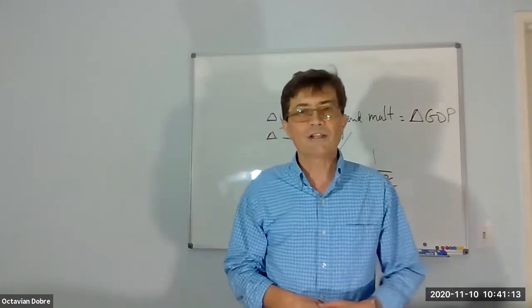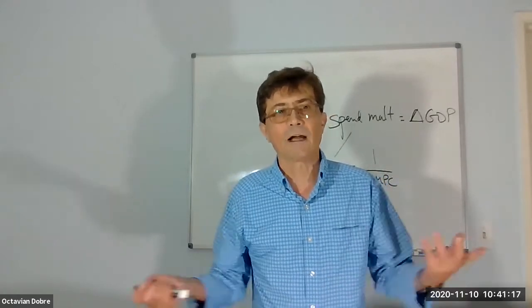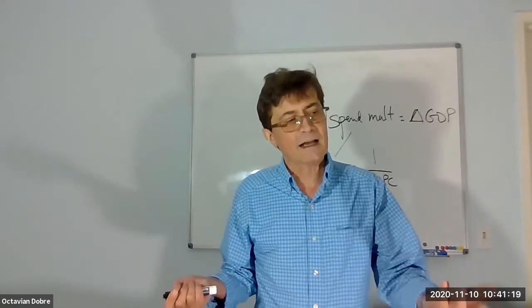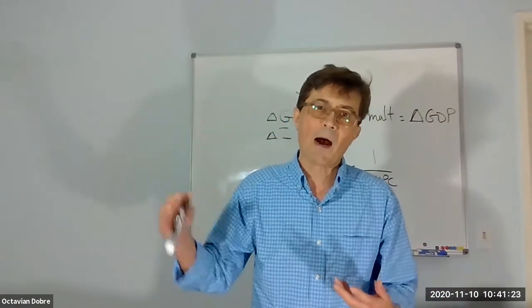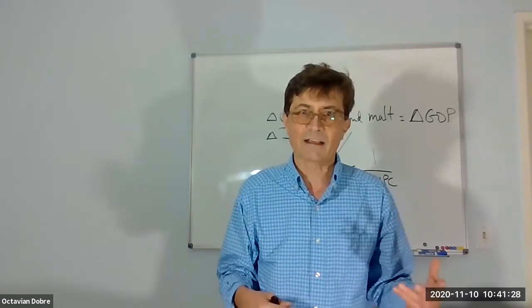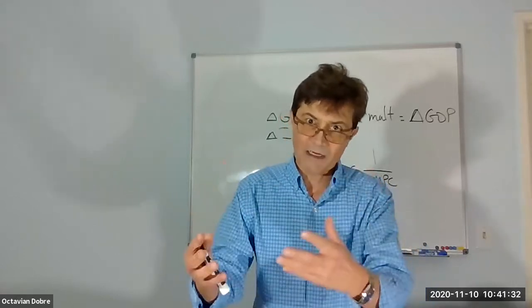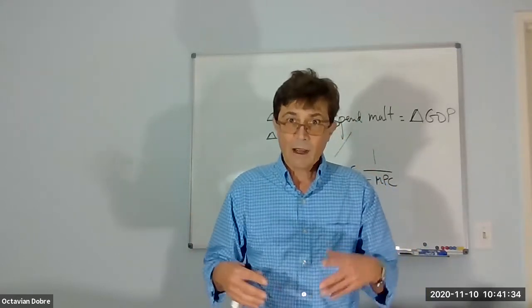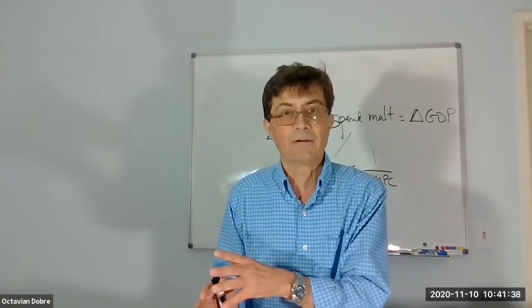You may see a question about the crowding out effect. What is crowding out? Well, basically the crowding out effect says increases in government spending are offset by decreases in private spending. So those are things that are making fiscal policy not very effective, like the crowding out effect and the open economy effect.